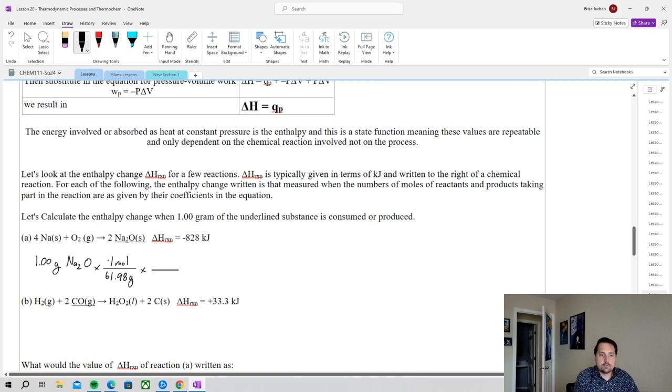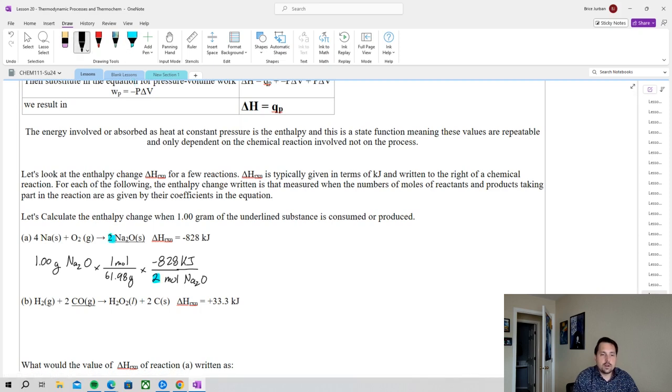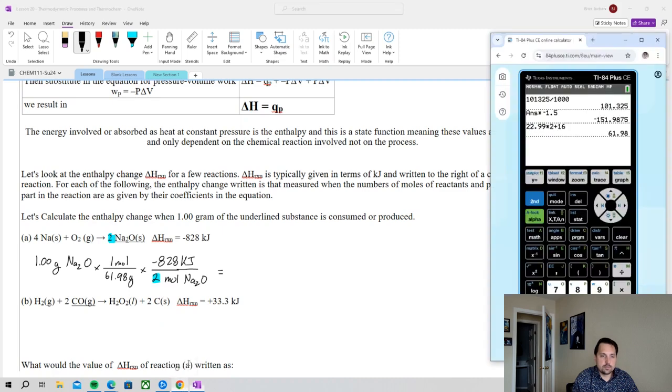Okay, so there's negative 828 kilojoules for every 2 moles of sodium oxide, because we have to pay attention to how this reaction is written. So I'm going to highlight that just to point out that little difference. And this is the tricky part about thermochemistry.